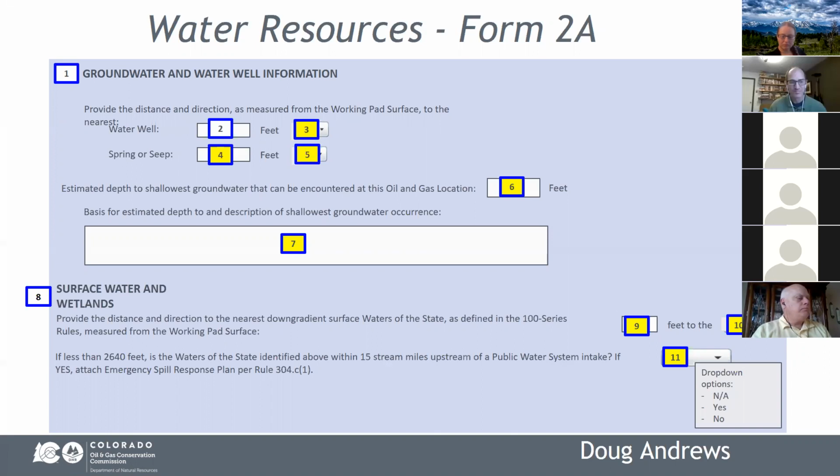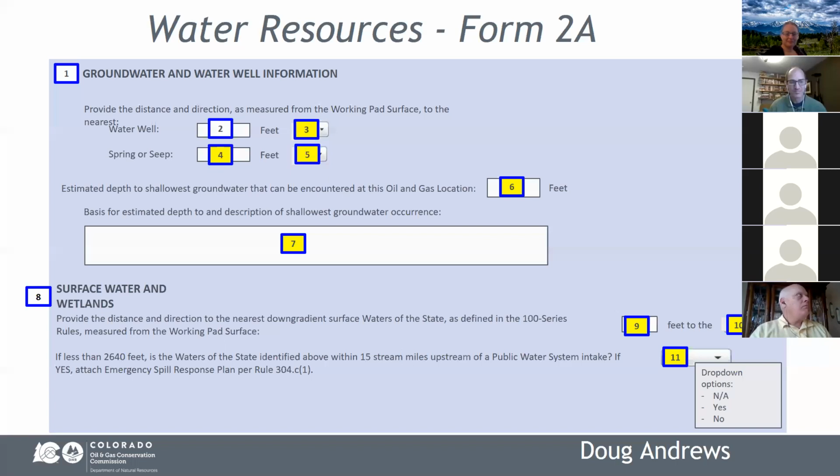And it may require, and we highly recommend, that you field verify the nearest water well as best you can. It may be on property that you don't have access to, so you can't really dial in the exact distance down to maybe the foot or so, but you may be able to get a whole lot better distance to that well by field verifying it as best you can than just relying on the blue dot on the water well layer on COGCC maps.